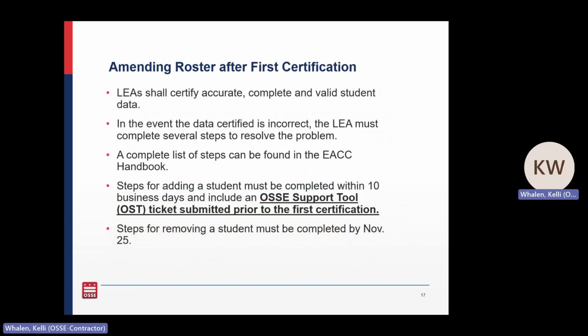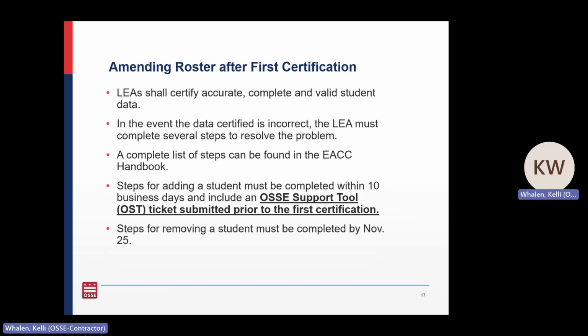You, LEA, shall certify accurate, complete, and valid student data. In the event that the data certified is incorrect, there's a process that LEAs can follow to resolve this. It is in the EACC handbook, and there are a number of steps to follow. Most important thing to note is that if you need to add a student post-certification, you need to submit the OSSI support tool ticket that you put in prior to the first certification.